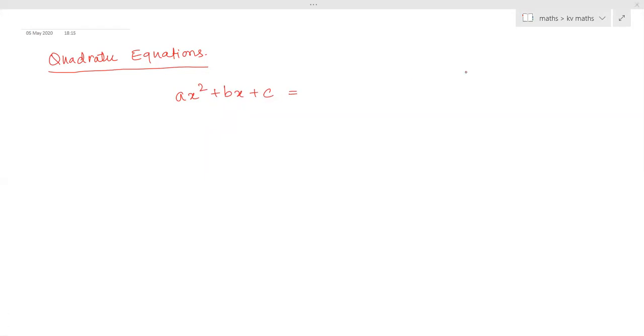Tanushri? Ma'am, because the degree is 2. The degree of this polynomial is 2, therefore we call it a quadratic polynomial. Then when do we call this polynomial a quadratic equation?